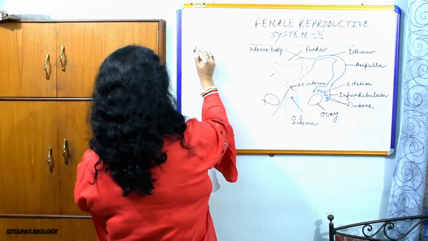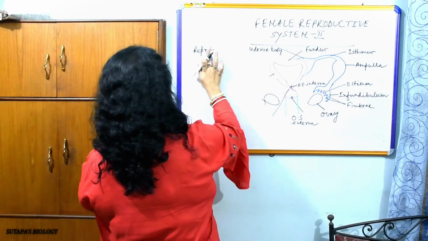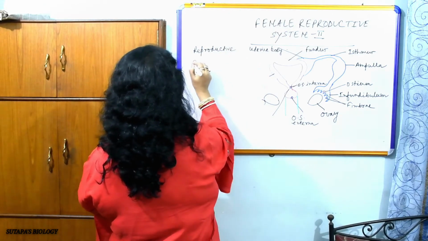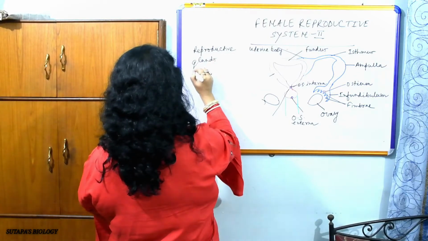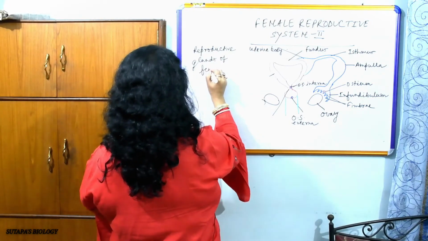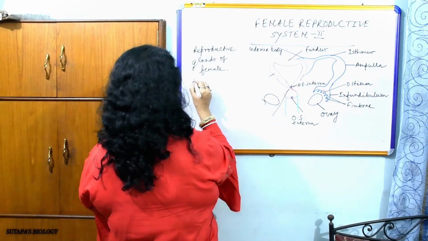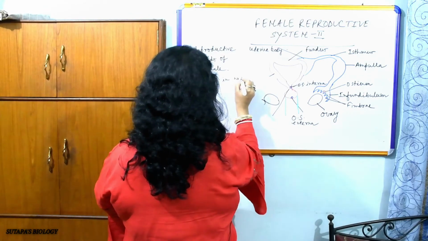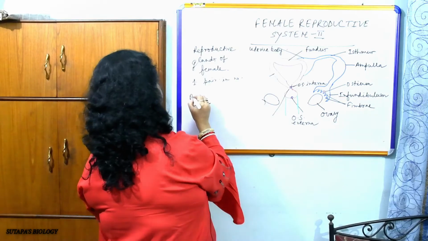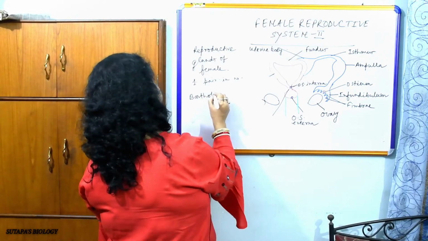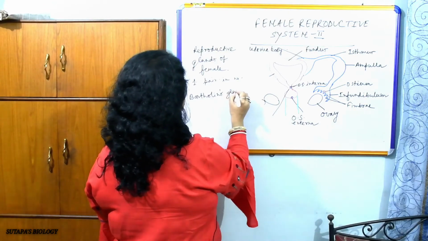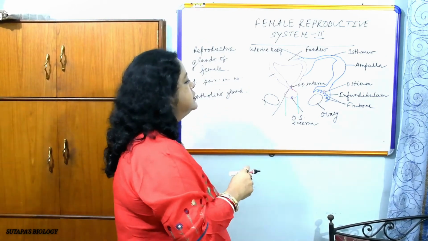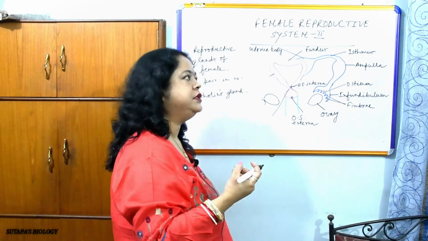That is the reproductive gland of female, one pair in number, and it's known as Bartholin's gland. These are placed just lateral to the vagina, and they secrete a sticky viscous white secretion during sexual excitement.